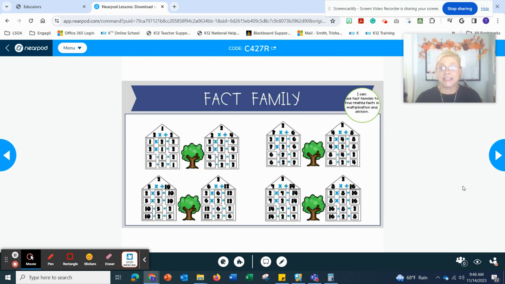So, fact families. Yesterday we were talking about fact families, and it kind of got murky really quickly. Murky, like if you think about a puddle after it rains, y'all were saying yesterday it's raining.